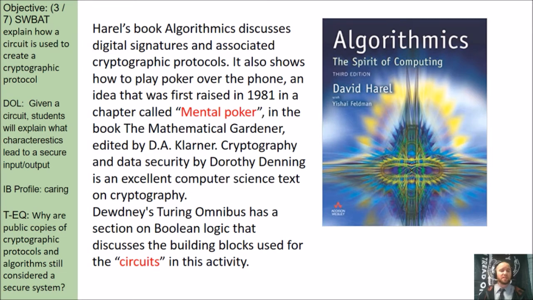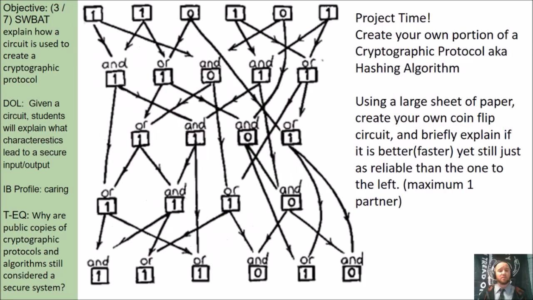The last book is, I don't even know how to say that last name, Turing Omnibus. It has a section on Boolean logic that discusses the building blocks used for the circuits in this activity. I really do enjoy studying the circuits and looking at electrical schematics. It really connects the physical universe for me with the abstract universe of programming.